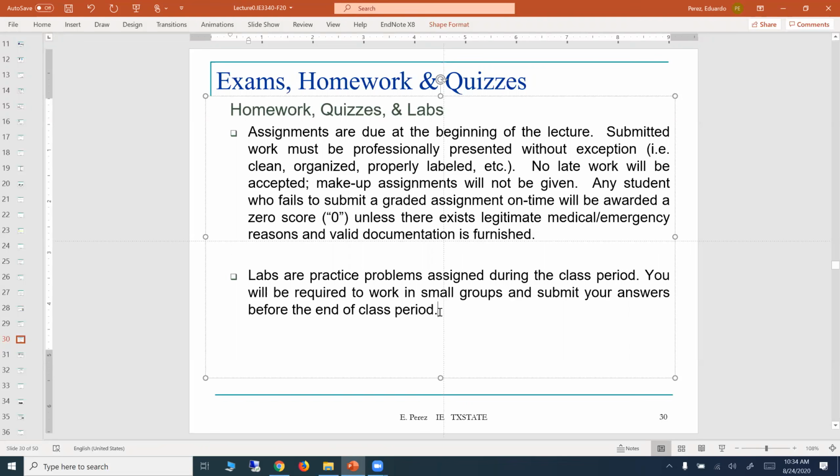So the end of the class period here means the end of the day for that lecture. Assignments, you'll have a week. For the labs, you have to make sure that you go over the lab material on the day the lecture is assigned.